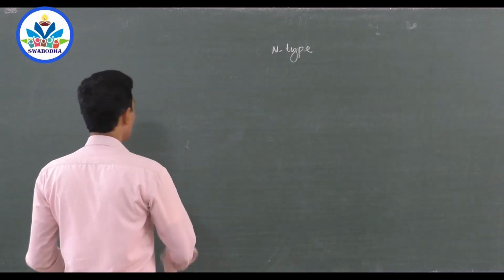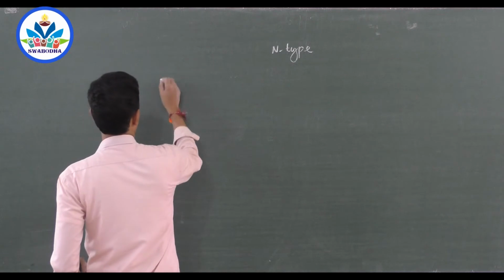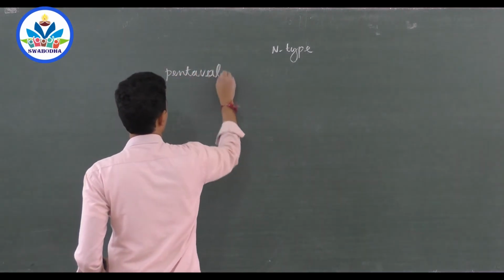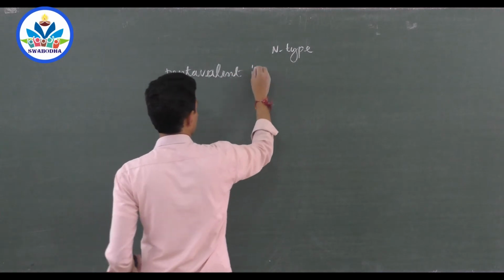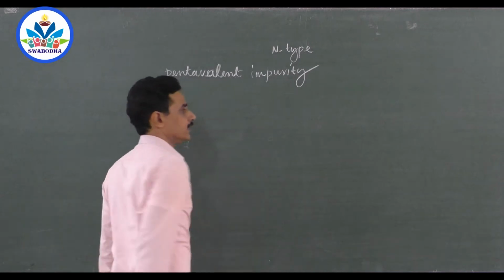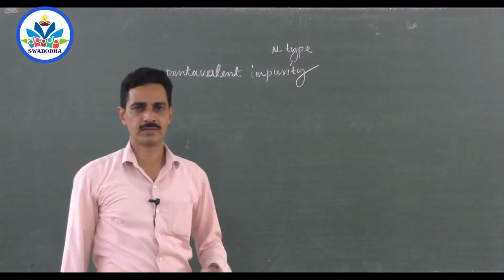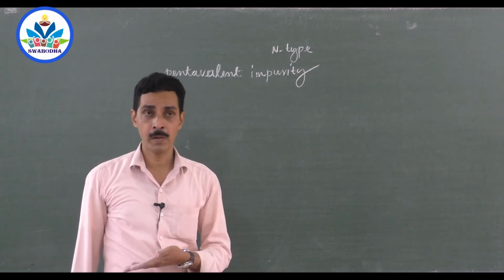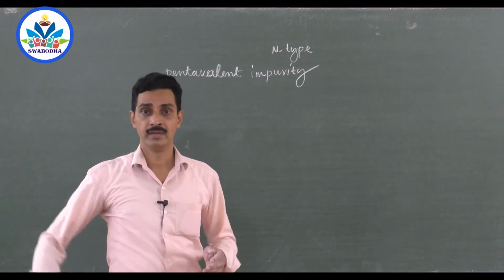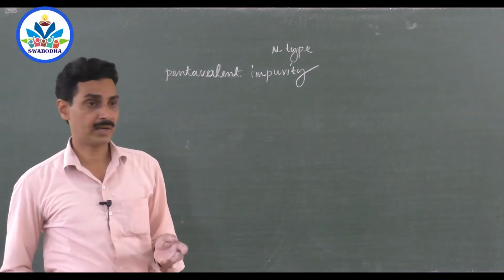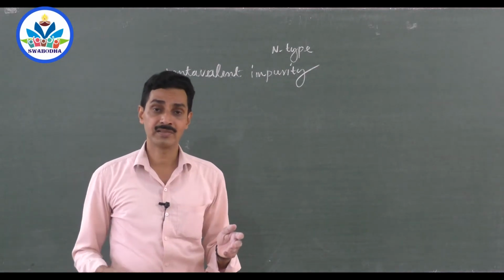Now, if you dope an intrinsic semiconductor with a pentavalent impurity, like phosphorus, antimony or bismuth, which have 5 valence electrons. In addition to that, there are electrons in the lower energy bands, but they are not free. They are very close to the nucleus, so it is not easy to remove them, and they cannot take part in the production of current.